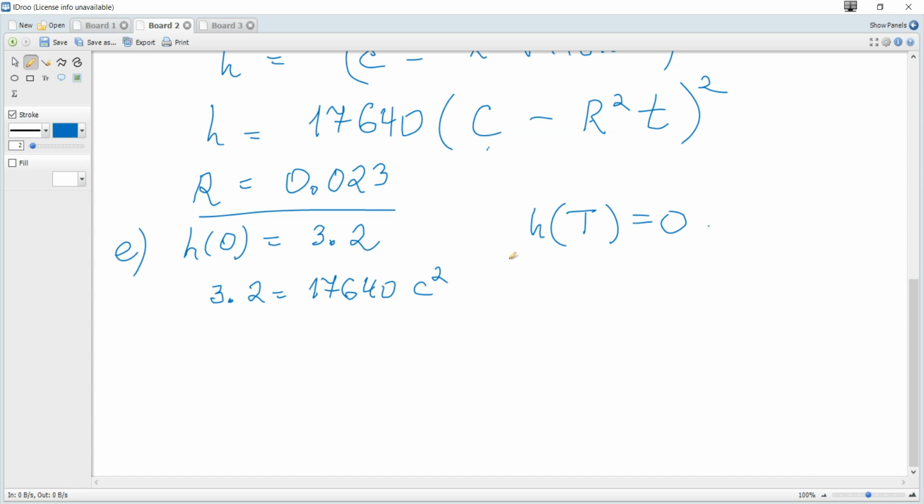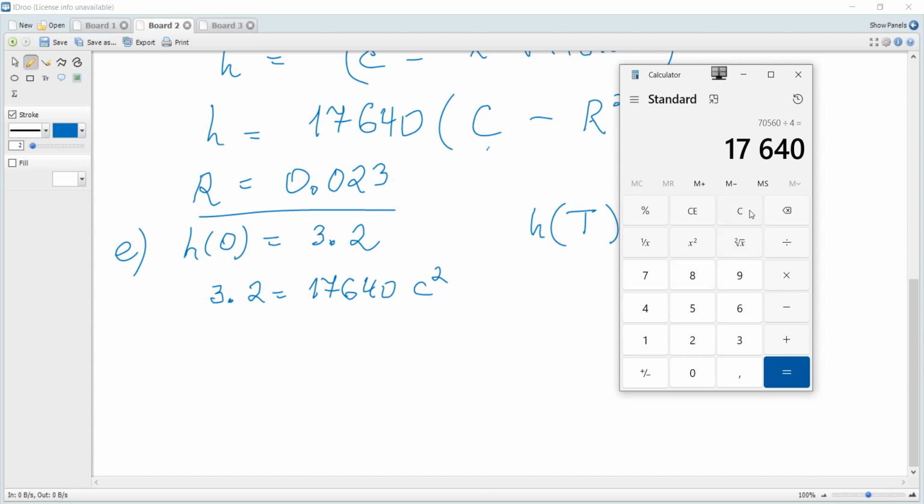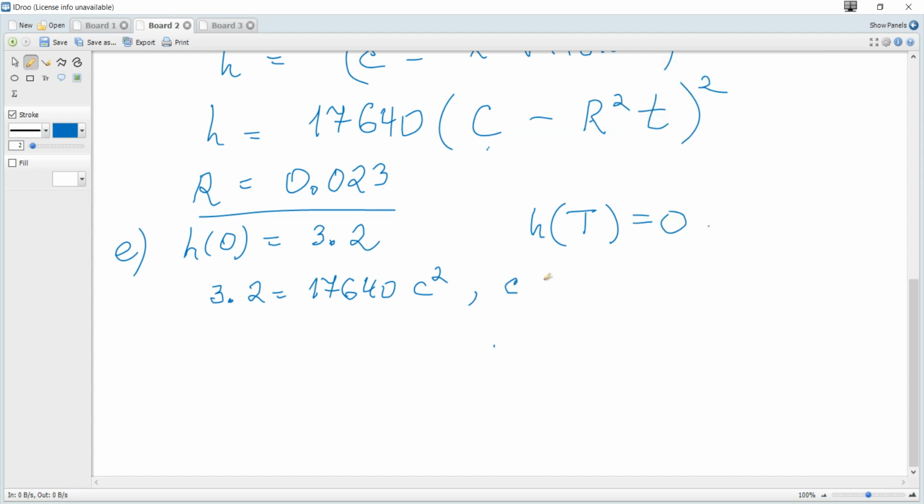This divided by this, and then square root. 3.2 divided by this, and then square root. Let's check. Yes, it's correct. So C is 0.013468 and so on as exact. We should keep the exact value here. Let's check.